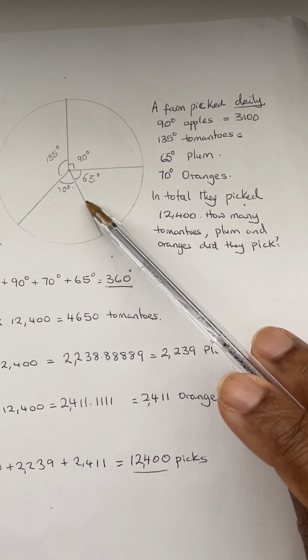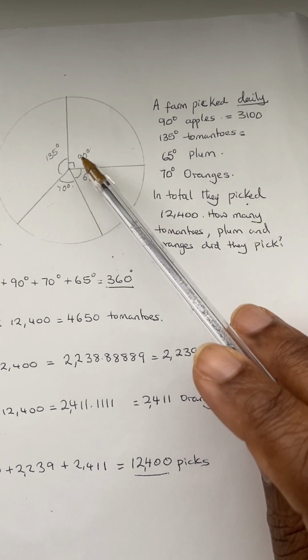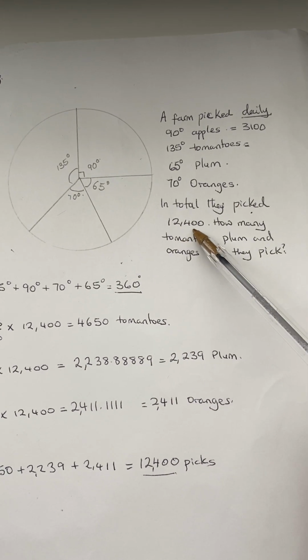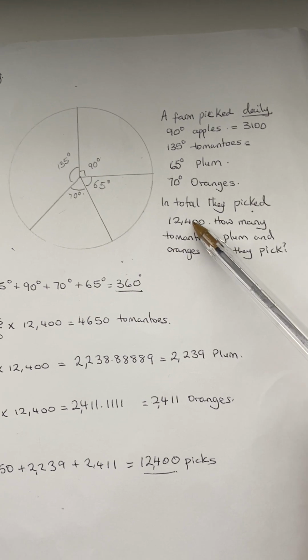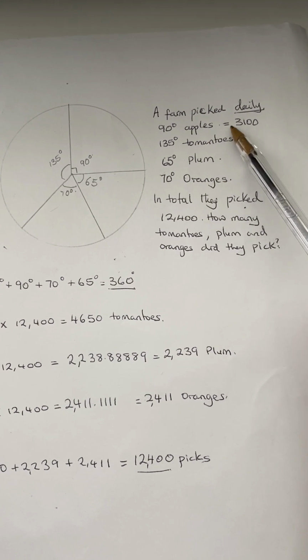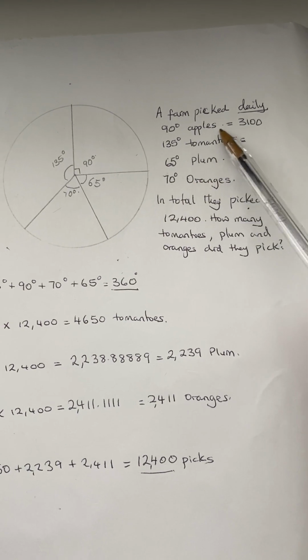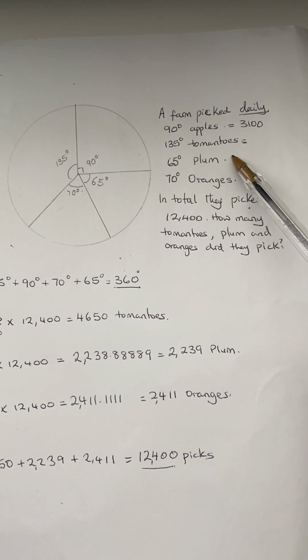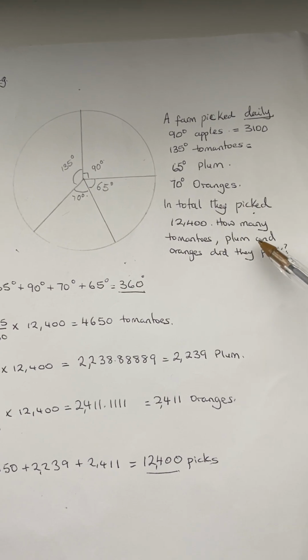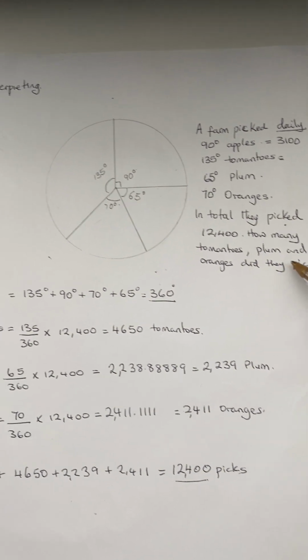oranges. In total, okay, they picked 12,400. That is how much they pick in all this fruit and veg that they picked. Okay, how many tomatoes, plum, and oranges did they pick?